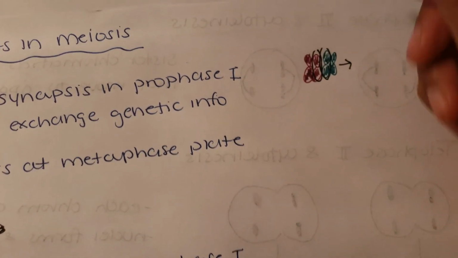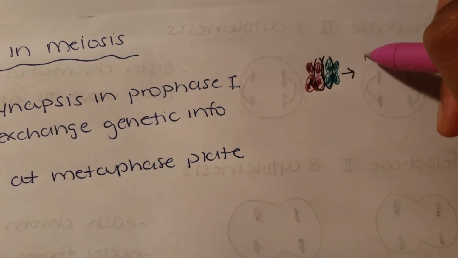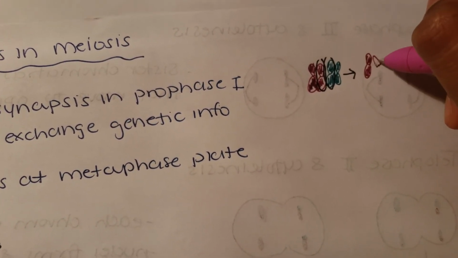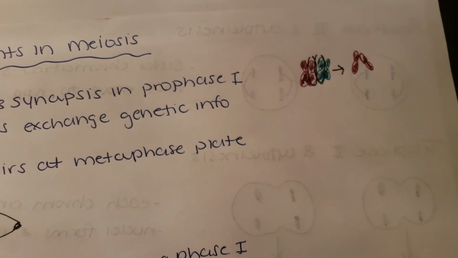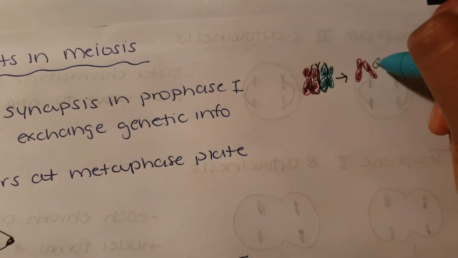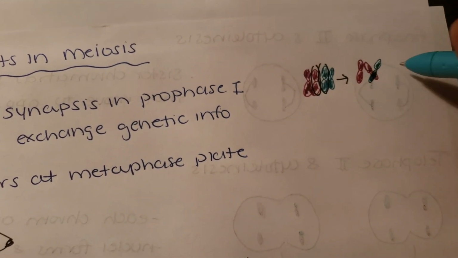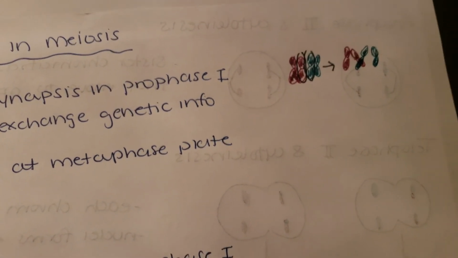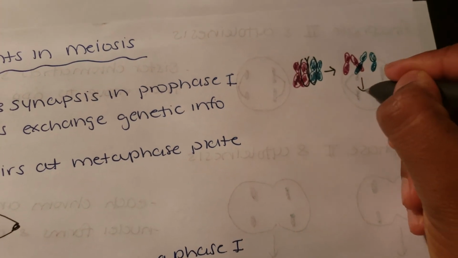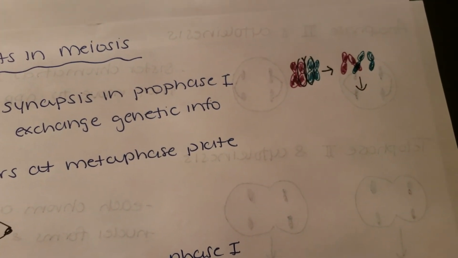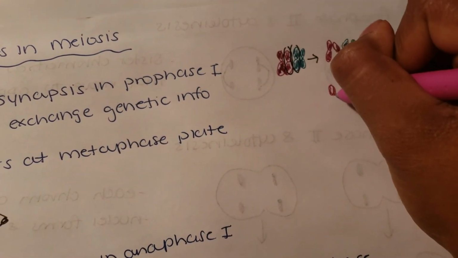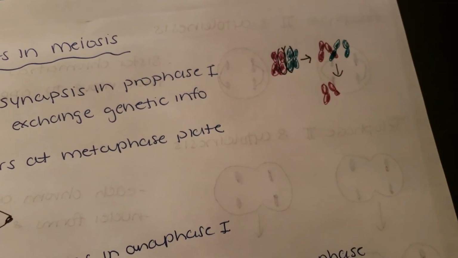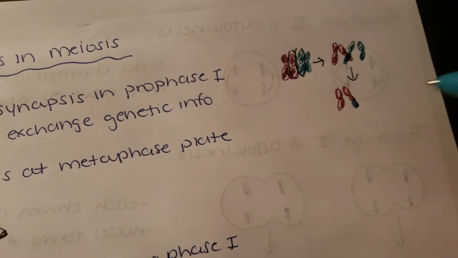What's going to happen is the chromatids that are on the ends are going to stay the same because they're not part of the sharing. But the chromatids that are in the middle are going to be crossing over, all right? And they're going to be sharing some information. So this chromosome stays the same, but this chromosome is a little pink, but it now has some blue to it.